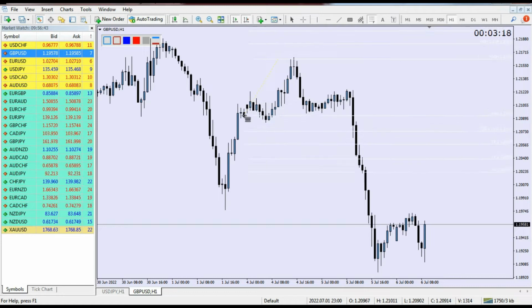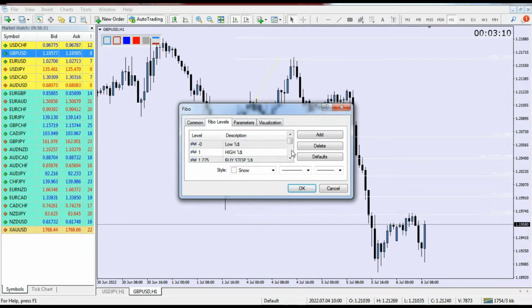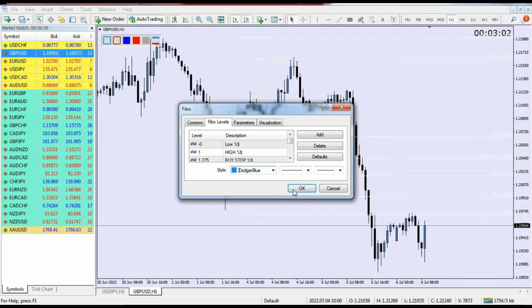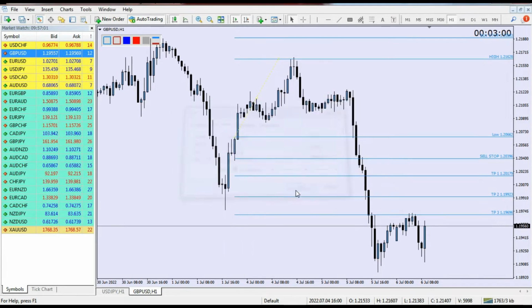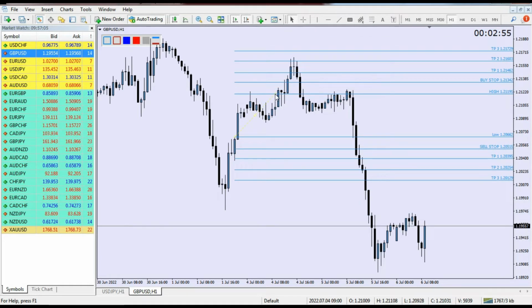You just drag here. As you see, guys, this is the Fibonacci retracement. Let me change the color to blue. Okay, here you go. This is my Fibonacci.